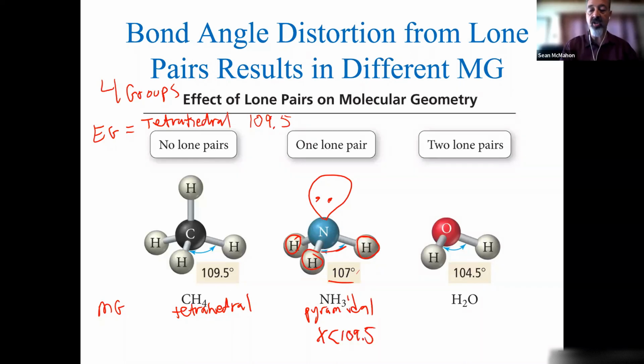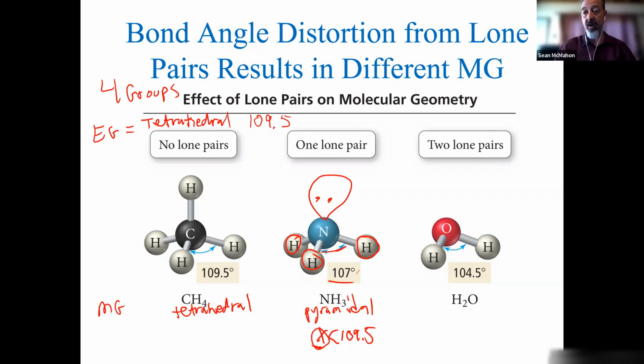So you're going to use the inequality. The bond angle is less than 109.5, and the alligator points to the bigger meal. So 109.5 is bigger than the bond angle for this pyramidal molecule.